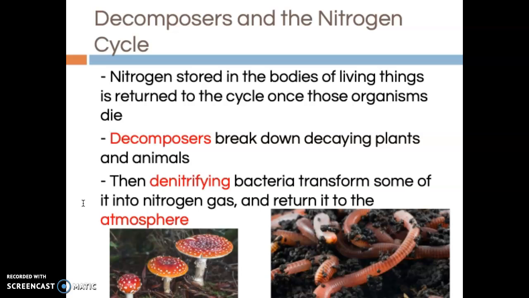And we're going to have denitrifying bacteria, which will transform some of the nitrogen back into the nitrogen gas in the atmosphere. So when denitrification happens, we're going to take nitrogen from living organisms and turn it back into the form that it is in the atmosphere. So it gets cycled back.